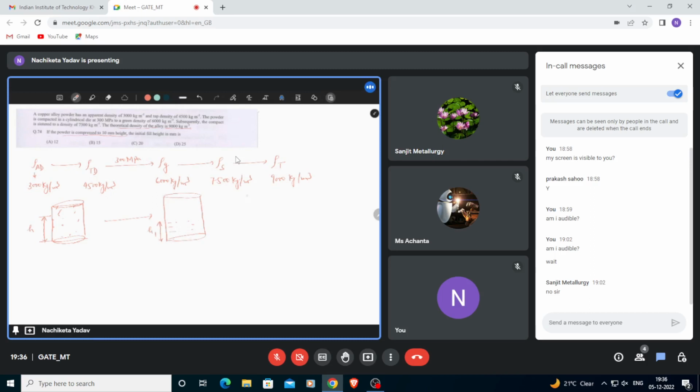So we know the mass of the powder will be constant. Suppose this is M1 and this is M2. So M1 will be equal to M2, and we know rho equals density, mass by volume.